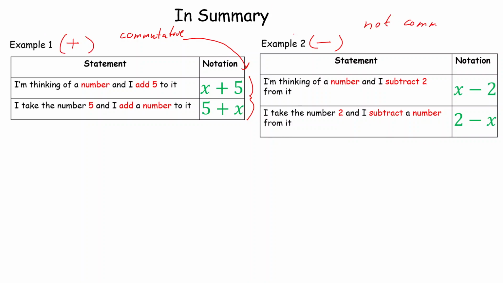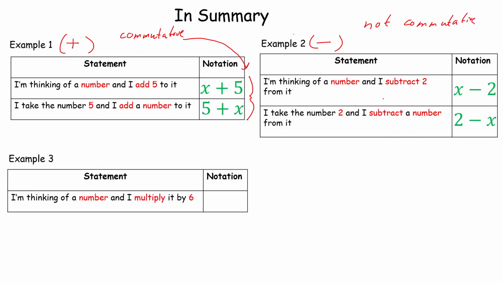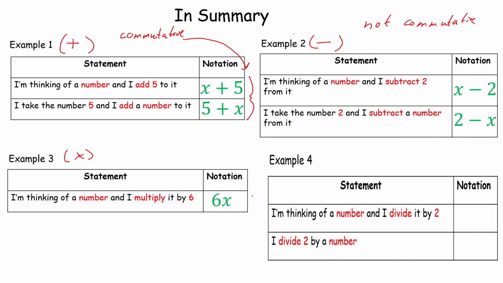The order in which you do things does matter. Example 3, we looked at a quick example of multiplication, and we saw that if we write this statement, we'd write it as 6x or any other letter. And in example 4, we looked at division, and we wrote the following statements as such, and we saw that division is also not commutative.